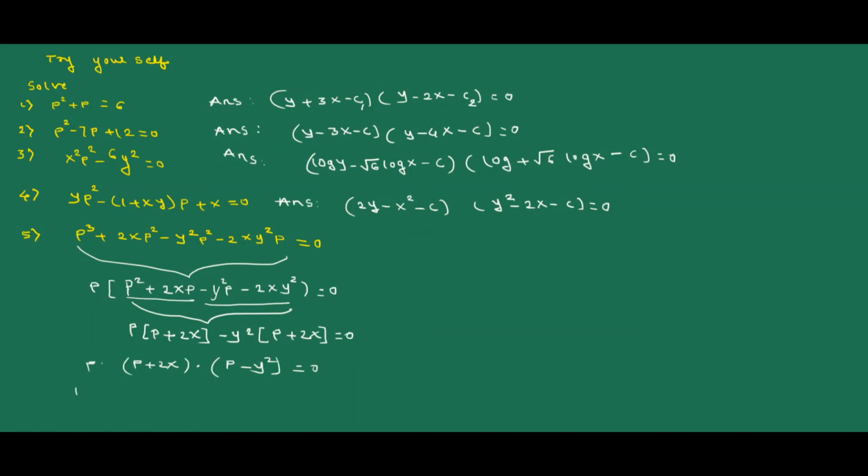That implies p is equal to 0, p plus 2x is equal to 0, and p minus y square is equal to 0. Substitute the value p is equal to dy by dx, and on integrating you can solve. The required solution is y minus c into y plus x square minus c into x plus 1 by y minus c is equal to 0.